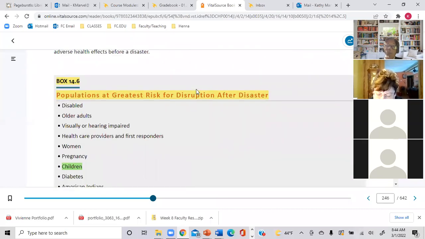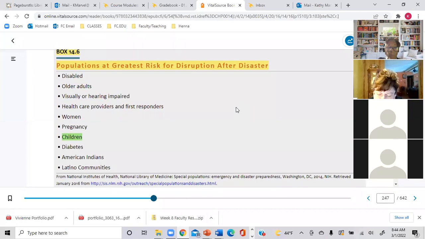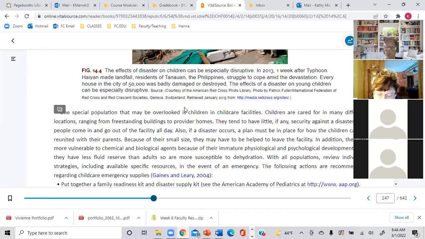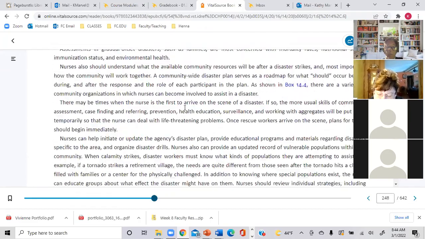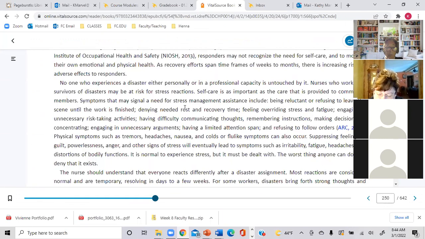This is actually a really good chapter for just general information, right? Populations at greatest risk for disruption after a disaster. Important list to know. Okay, so I want you to have a look at that chapter.